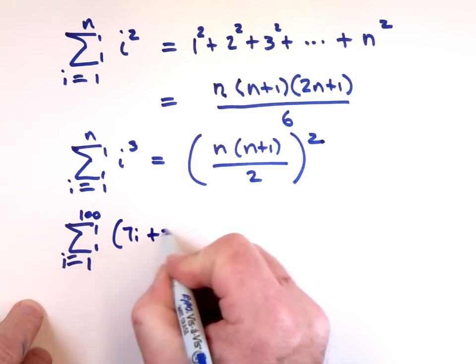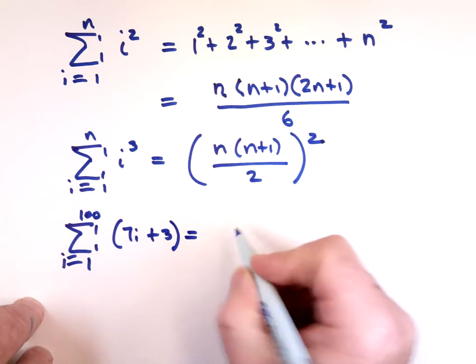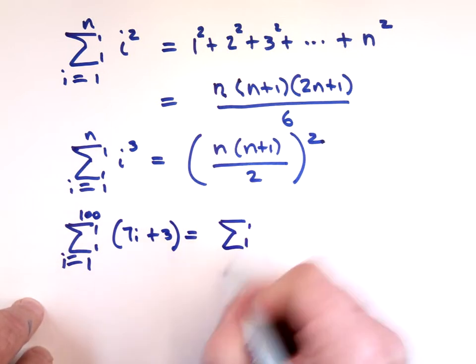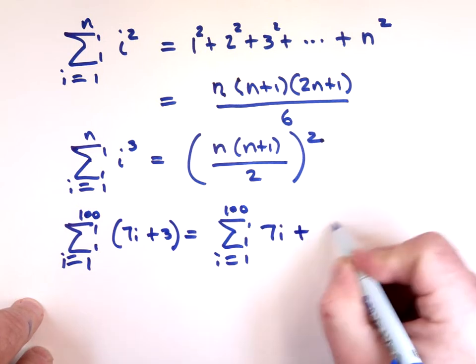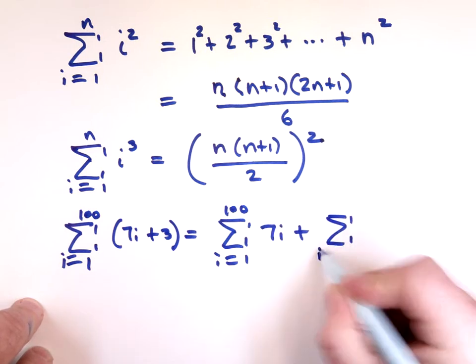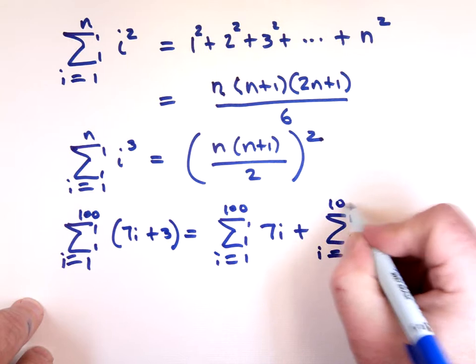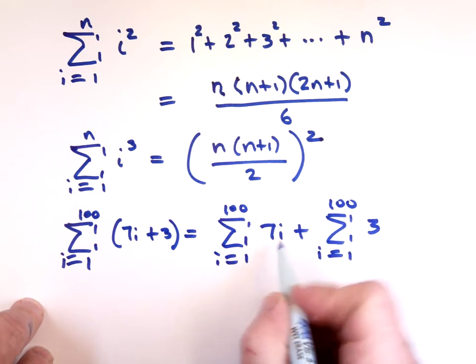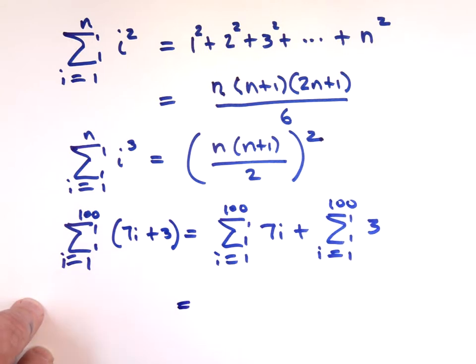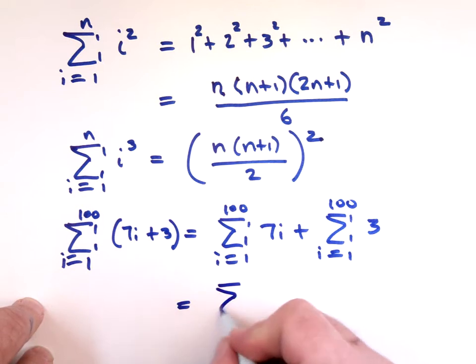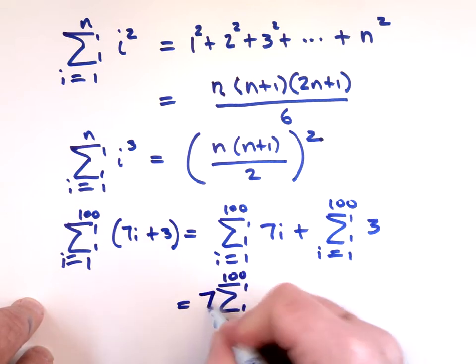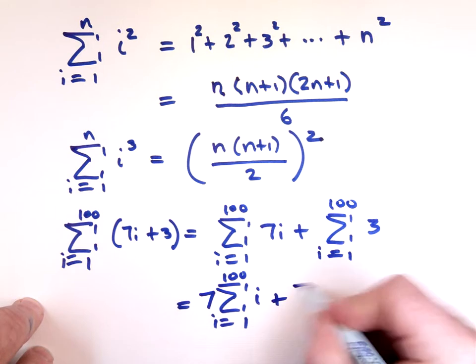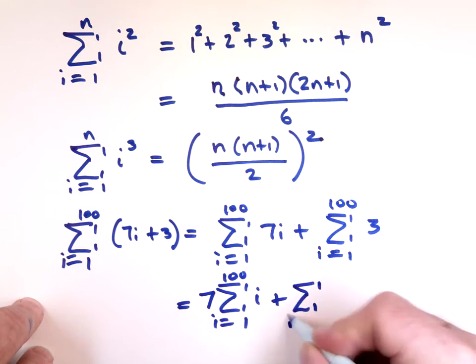I'm going to break it up, because I can split these things up. I'm going to take the 7 out front. I can take constants out front. Okay?